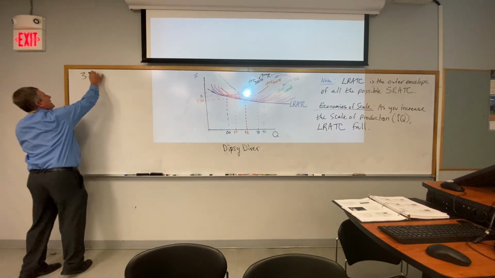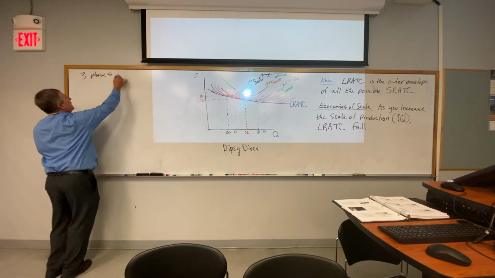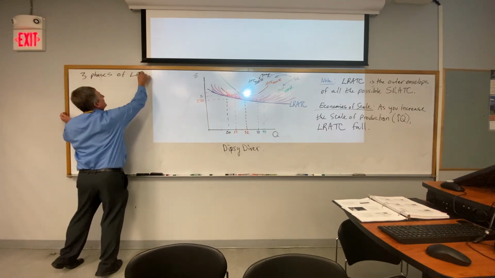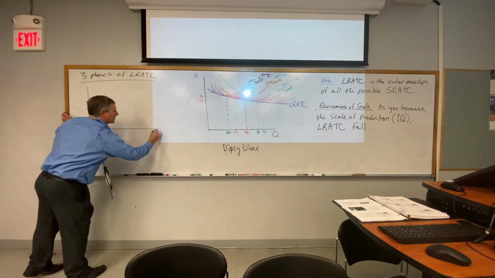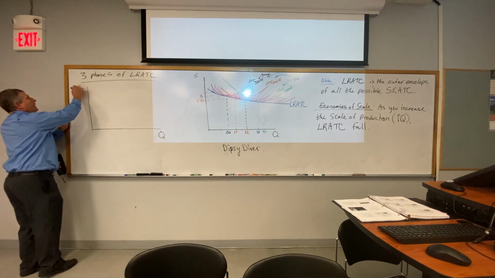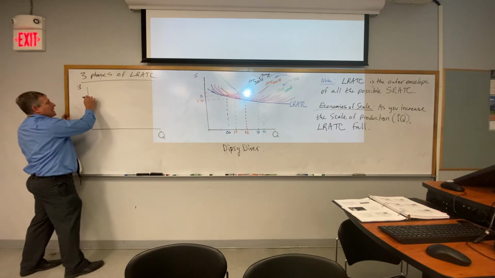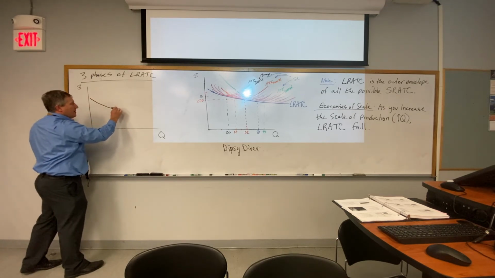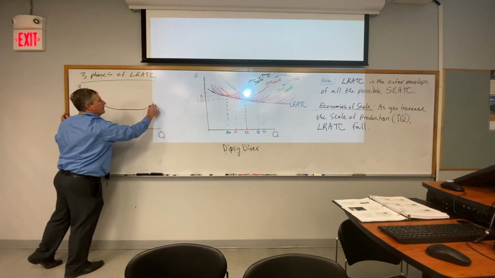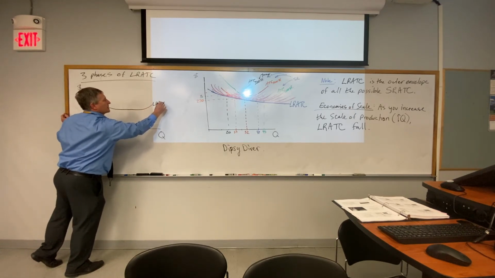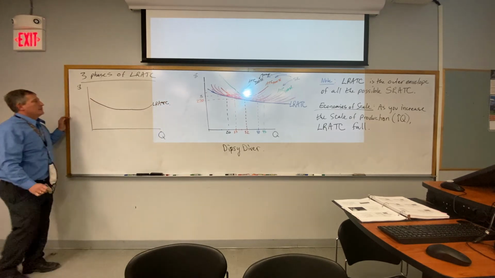So let's put 3 phases of long run average total cost. I'm going to stick to a graph, but this time you can bring it down like we did, but then maybe let it flatten out and then maybe even turn up a little bit. So the long run average total cost curve, in theory, might look like that.